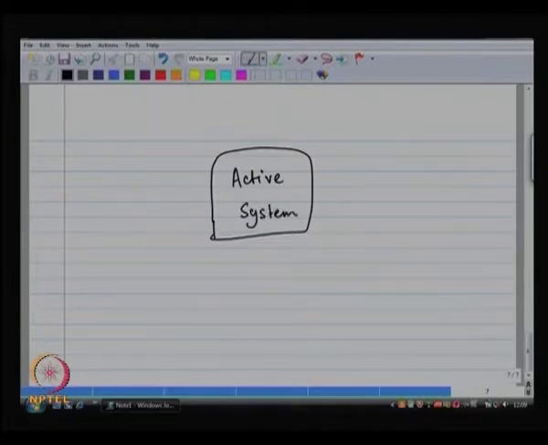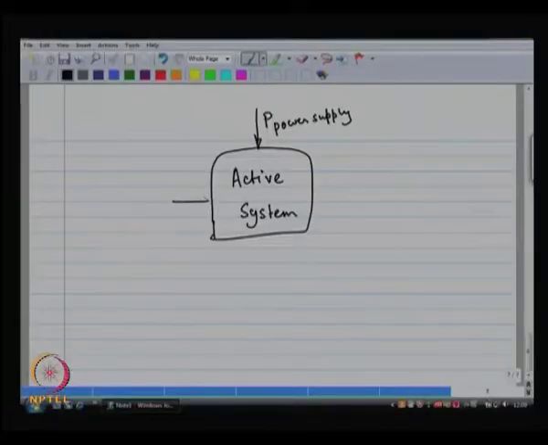Power into this system comes from its power supply, bias voltages, bias currents. So, these bias voltages and bias currents deliver power to the circuit. It also comes from the signal or the input. And power is delivered to the load.